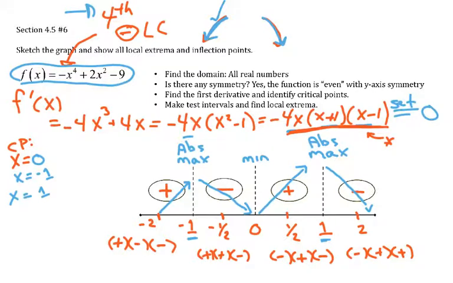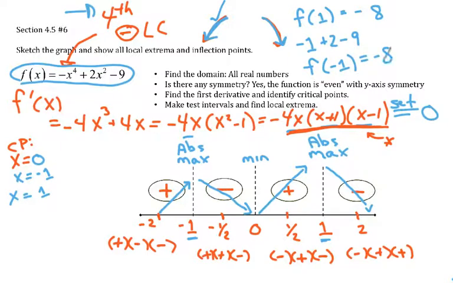So what is f at 1? Well, that would equal negative 1 plus 2 minus 9. So f at 1 equals negative 8. And f of negative 1 also equals negative 8 because of symmetry.